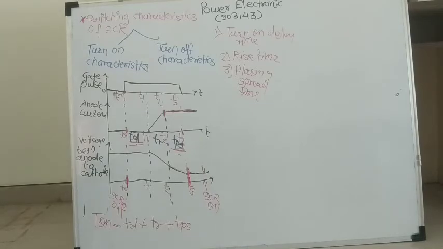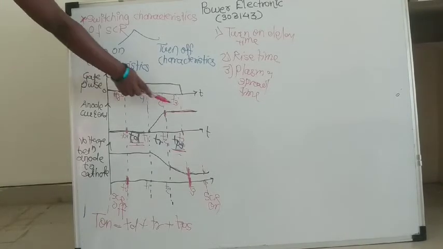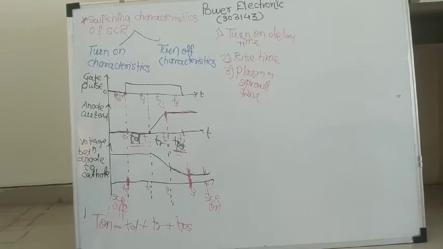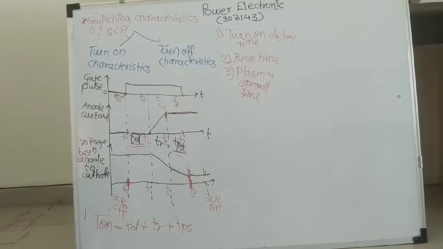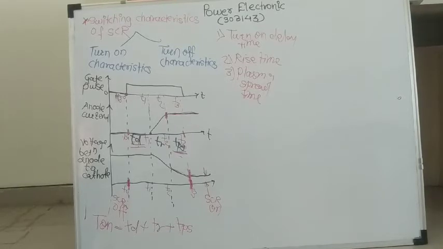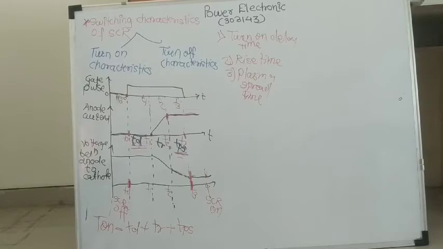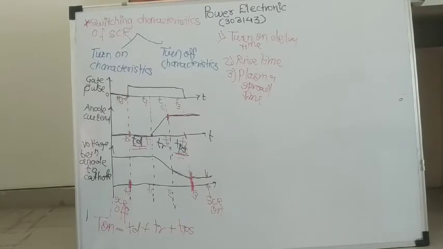At the end of this plasma spread time, your voltage becomes very low, ideally 0, practically a very small value, and your current is very high, at a constant high value. Means anode current is high and voltage between anode and cathode is low. We can say that your SCR goes into the completely on condition. This characteristic is called the turn on characteristics of SCR.